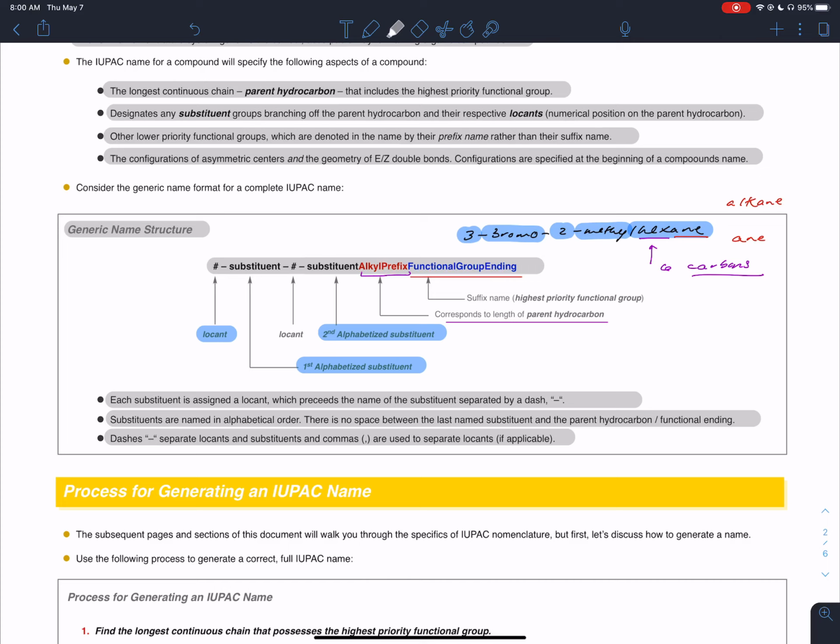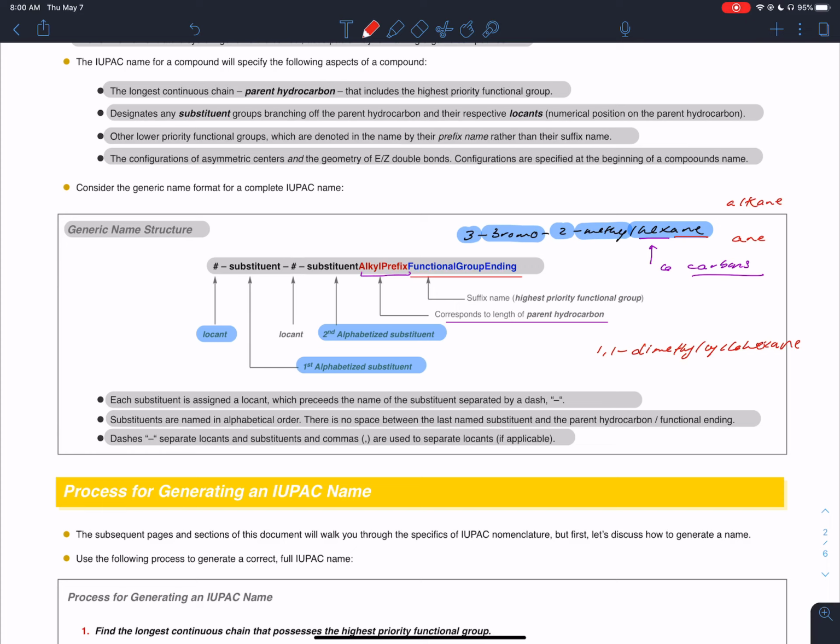We use dashes to separate words from numbers, but we use commas to separate numbers. So you might have something like 1,1-dimethylcyclohexane. And the 1,1 is saying that at the 1 position, there are 2 methyl groups here. And we use commas to separate those numbers.